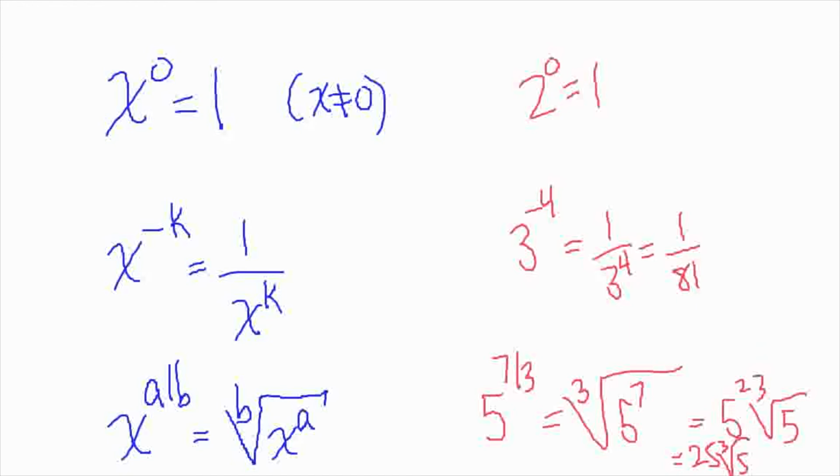But let me now talk about why these blue formulas are the way they are. Now, I mentioned that exponents are abbreviations. And the way that we define 0, negative exponents, and fractional exponents, they're definitions. Now, let me bring that down to size. A definition is something that people agreed on.